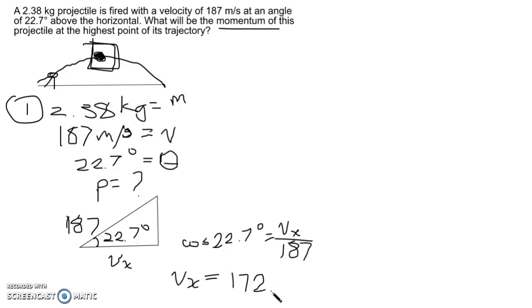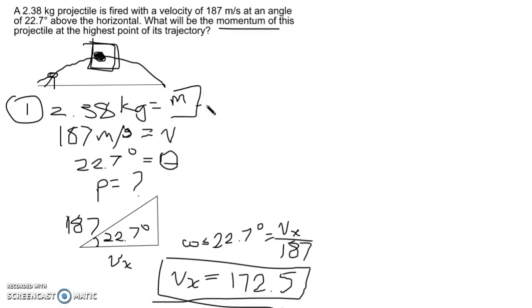Again, I use the exact value, but you can use 172.5 and you won't be too far off. So now we have the only piece of information that we needed in order to find what we're looking for. So we use the horizontal velocity and the mass to calculate the momentum.